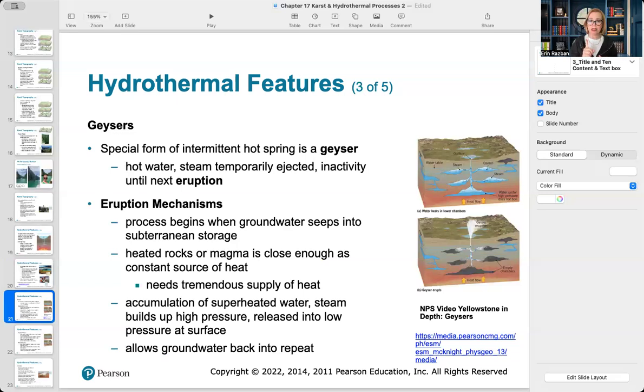The first element needed is a tremendous supply of heat. Usually, this heat is from nearby magma. As I've discussed before, Yellowstone, for example, is a hot spot on our Earth's surface. So that is where the heat is coming from. The second essential is a plentiful supply of water.